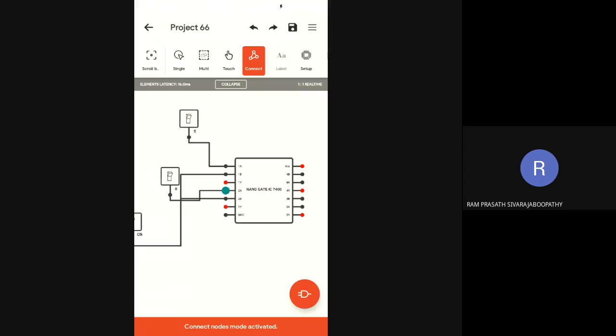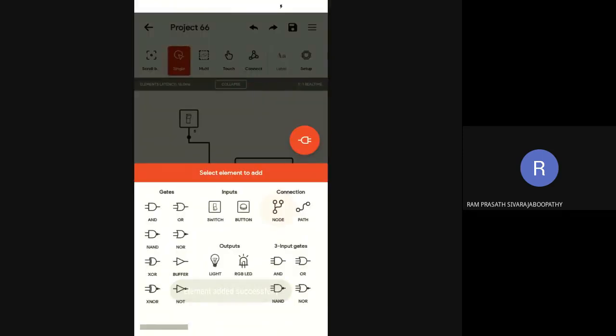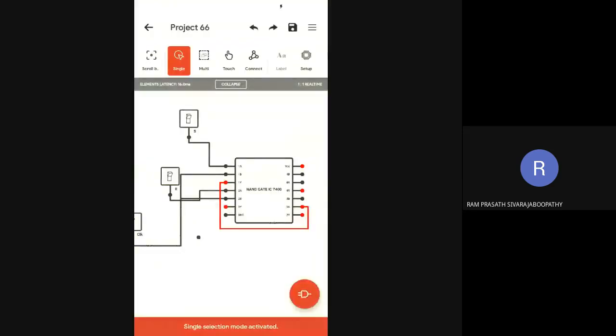Now, the output of the first NAND gate, where do I take it? I give it to the third NAND gate as one of the inputs, at 3A. The output of the second NAND gate, where do I take it? I give it as one of the inputs of the fourth NAND gate, at 4A. We can use a node.